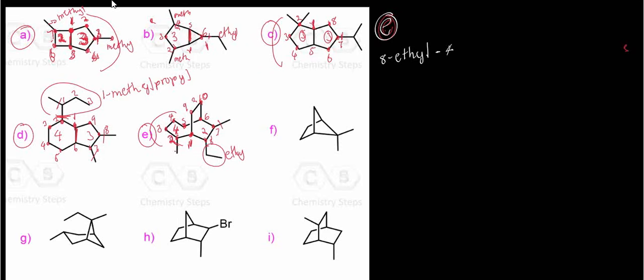At 2 here, you have a branch. So this is 2 here, like that. 2, comma, 2, comma what? Here again at 7, you have a branch again. So 8, then 2, comma, 7. Dimethyl, like that, right?